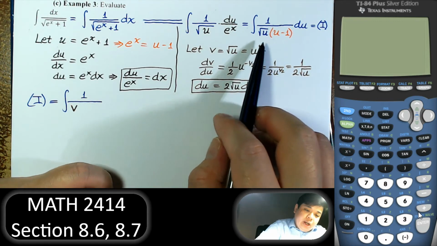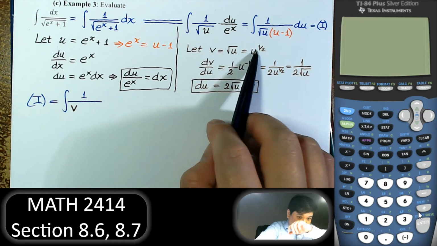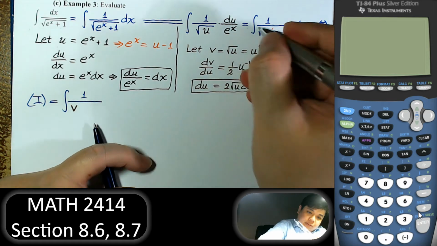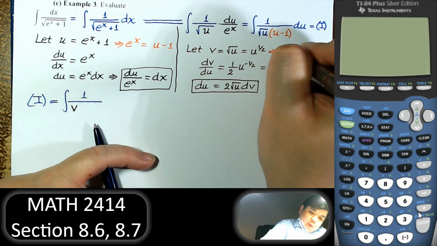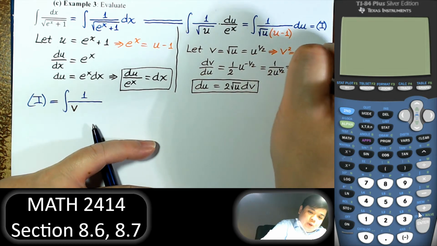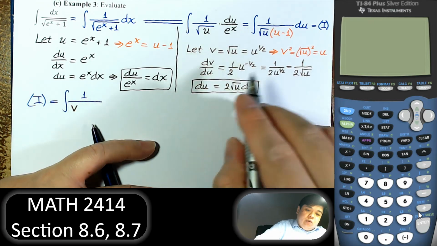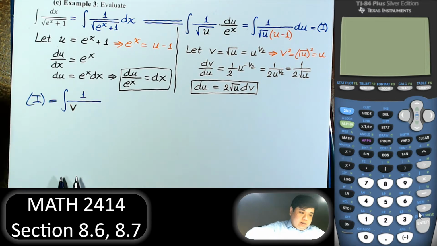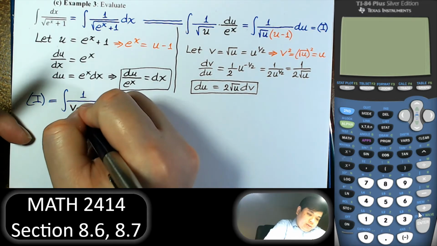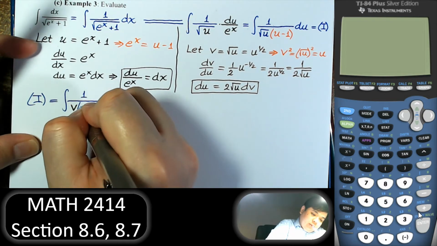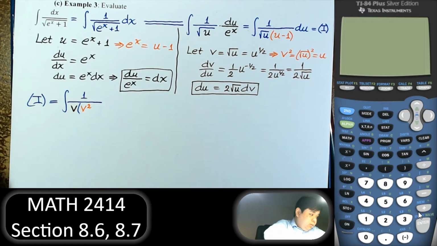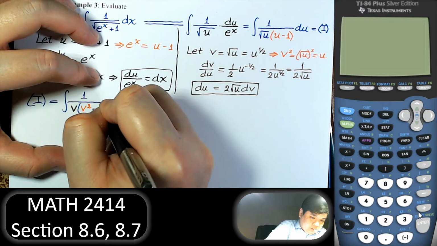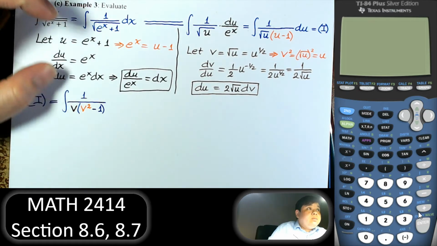If we square both sides here, v squared equals the square root of u squared, equal to u. So v squared is equal to u. So here we have u, that is v squared. And then dv.